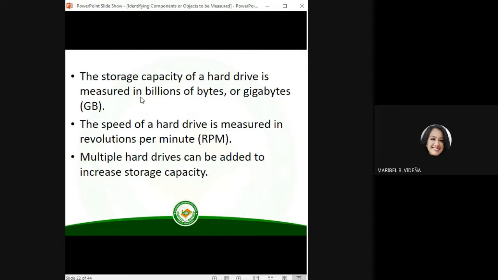In contrast, the newer solid-state drives, or SSDs, do not have moving parts. Because there are no drive motors or moving parts, the SSD uses far less energy than a magnetic hard drive.